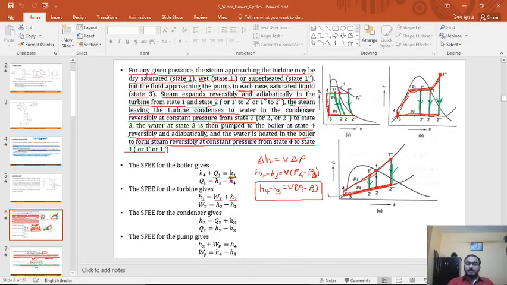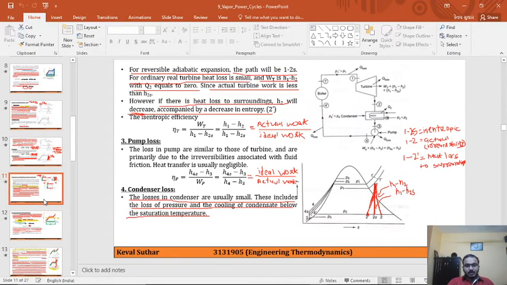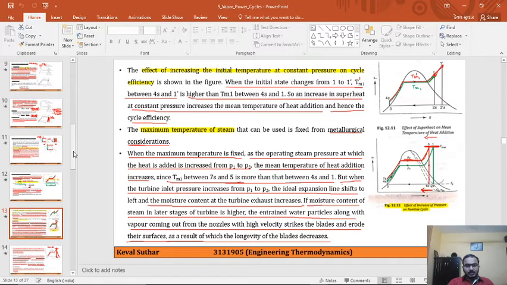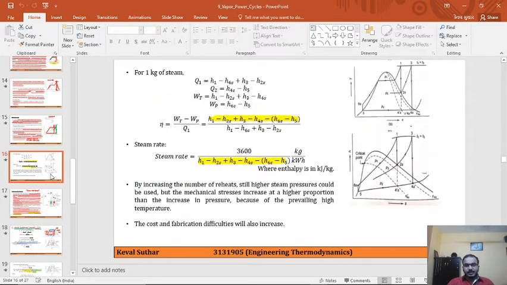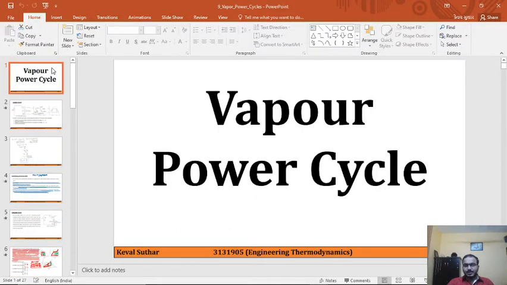What is the meaning of natural way, I will explain later on. Here all the cycles have one common objective, that they produce some work output, and these power cycles are used in electricity generation, that is the vapor power cycle.